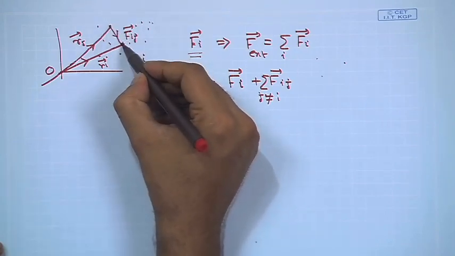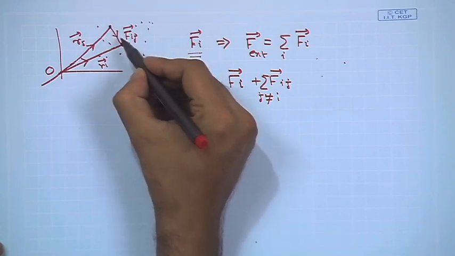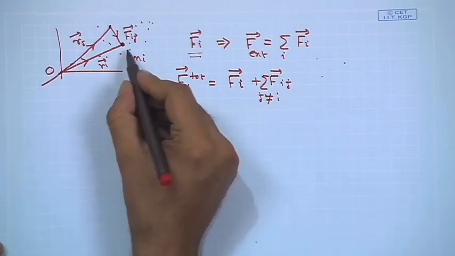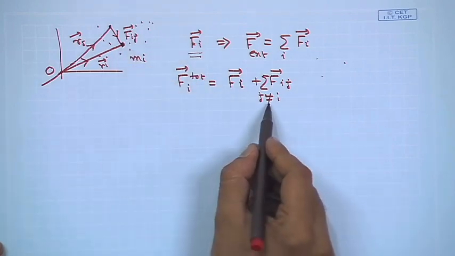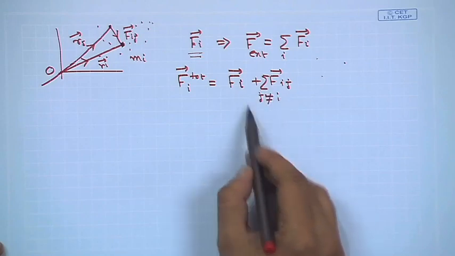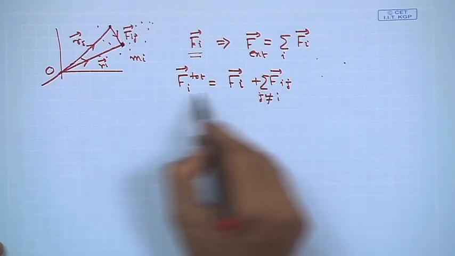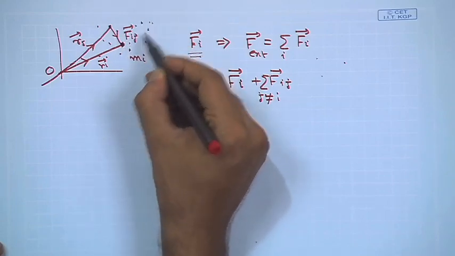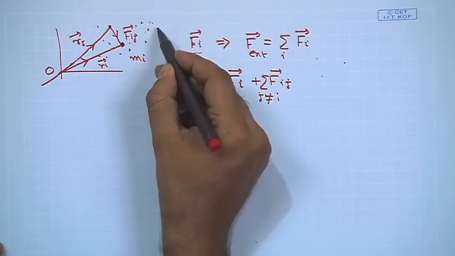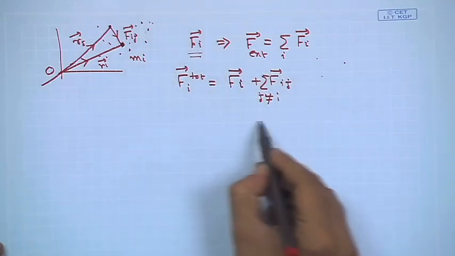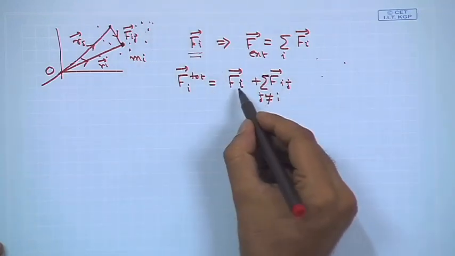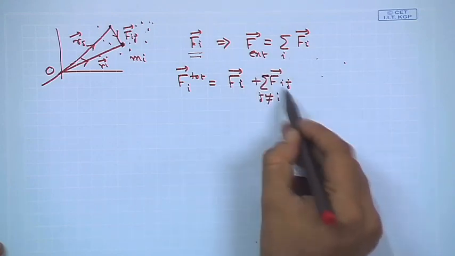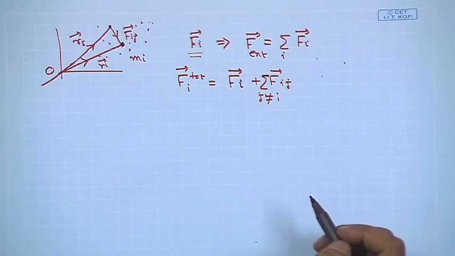It's not only between this ith particle and this particle. This jth particle could be any one of the system of particles except itself. The same particle cannot exert an internal force on itself. So, j is not equal to i, but any other particle. For example, this one or this one or this one will have an interaction with this particle. So, the total force is a summation of the external force plus all the internal forces due to all other particles except itself.